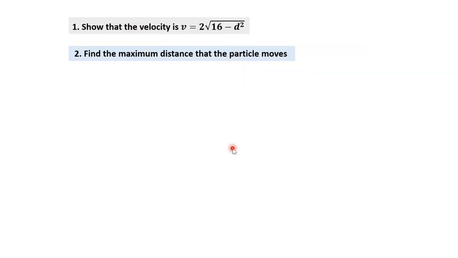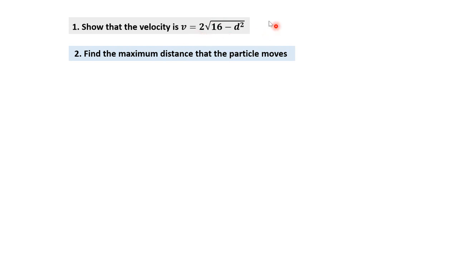Okay, all right, the next question is find the maximum distance that the particle moves. Now remember, if we want to find maximum distance, we need a formula for the distance. We differentiate that, which we've already done, okay, and we make that equal to naught. So in this particular question, there's no more differentiating.